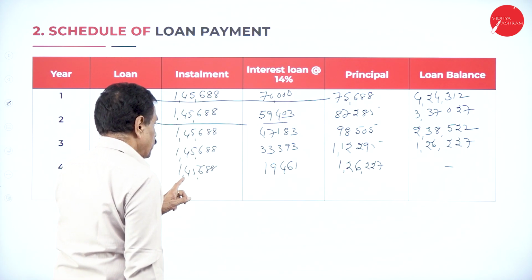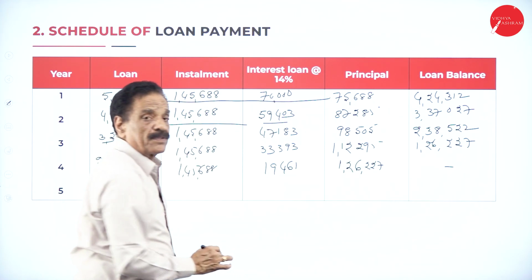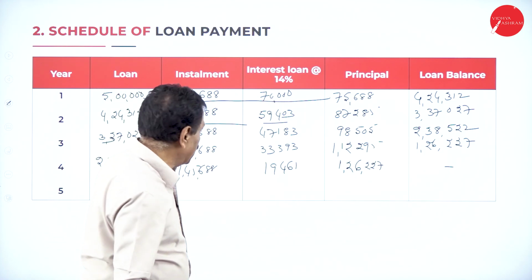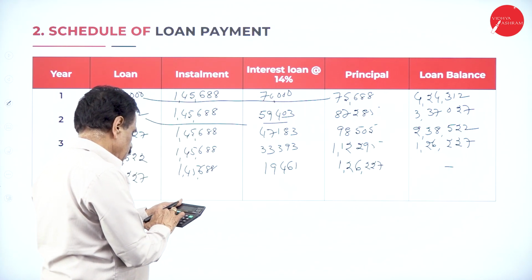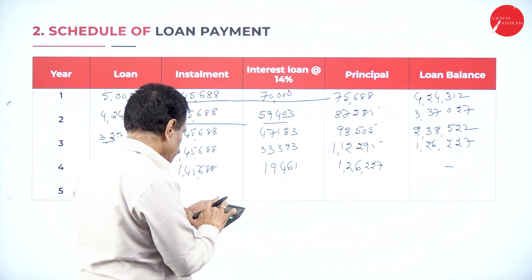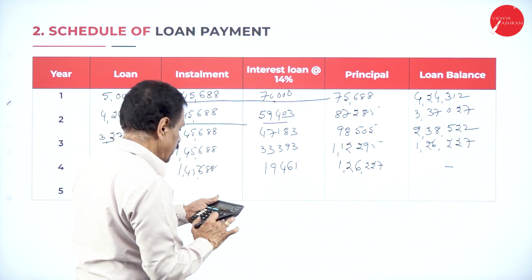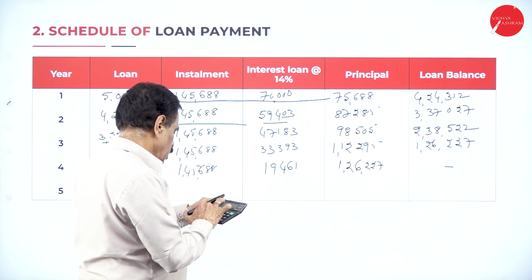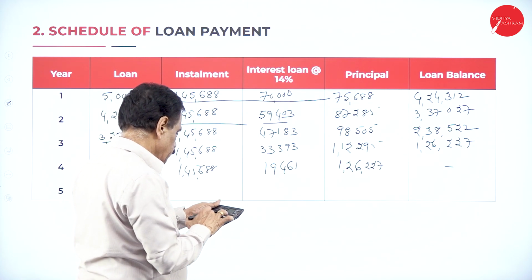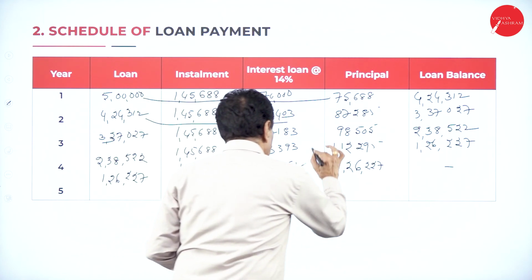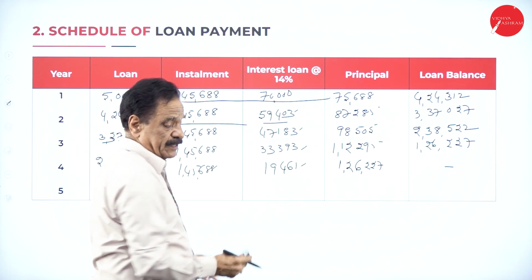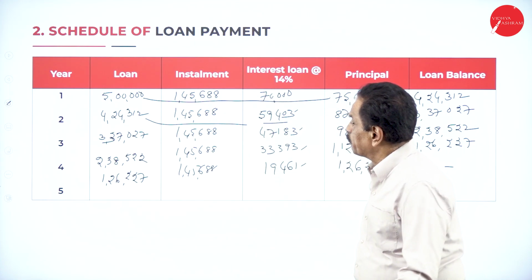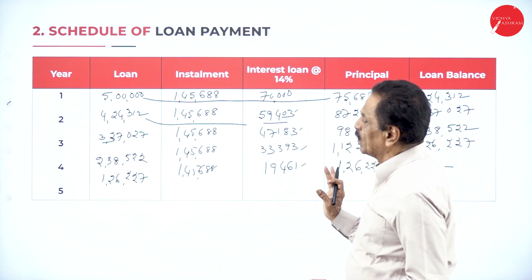What is your installment? 1,45,688. You will clear off the principal money. Whatever the difference comes, that's the interest. I will calculate once again: 1,45,688 minus 1,26,227 is 19,461. This is interest. Hope you understand this point. You must be very careful.